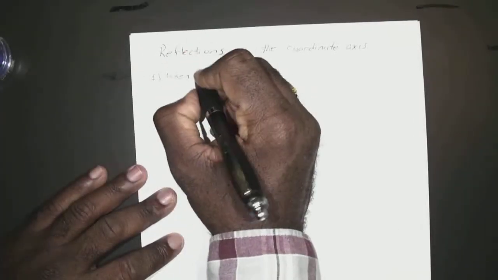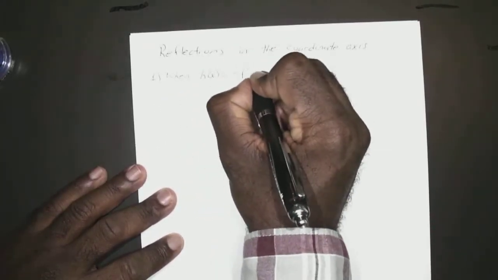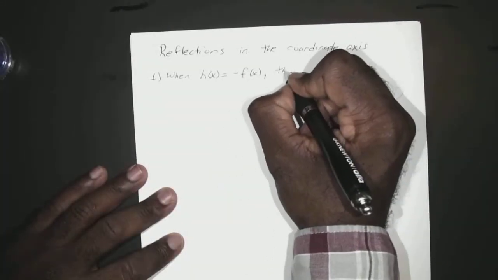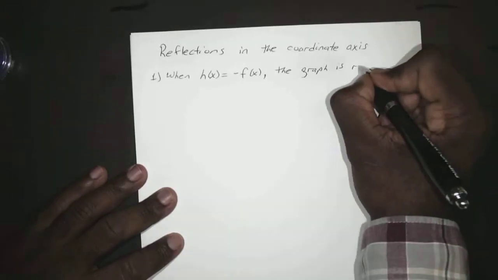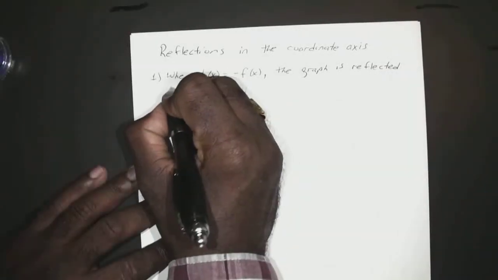So when h of x equals negative f of x, the graph is reflected across the x-axis.